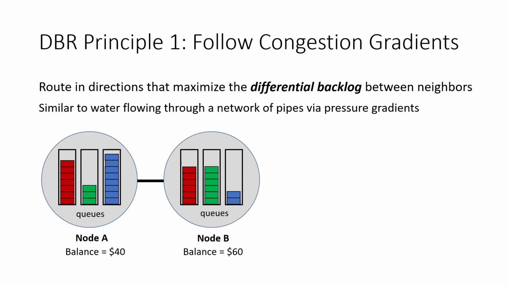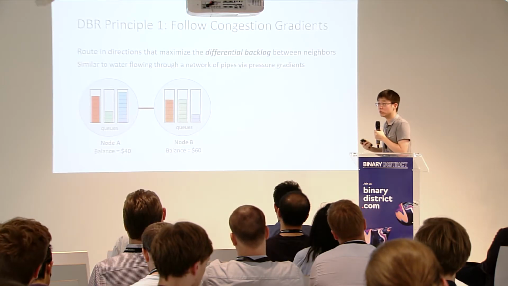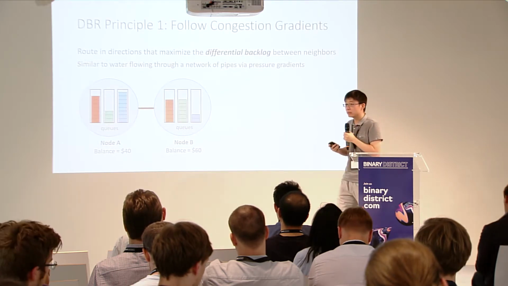There are 2 principles of our DBR routing. The first is to follow the congestion gradients: each node will route the payments in directions that maximize the differential backlog between neighbors. It's similar to water flowing through a network of pipes through pressure gradients.